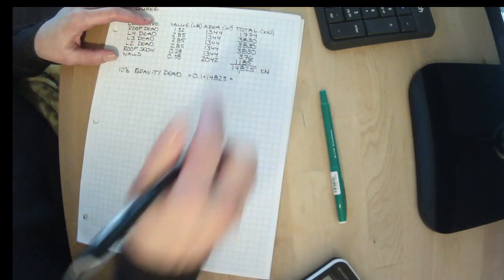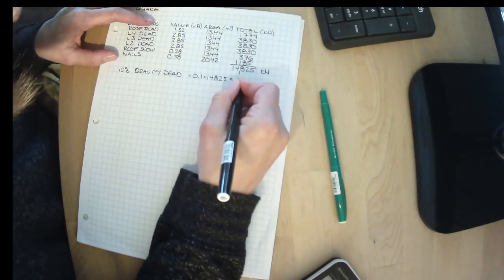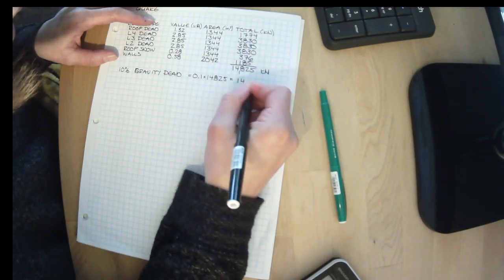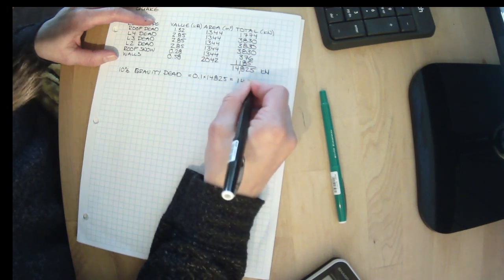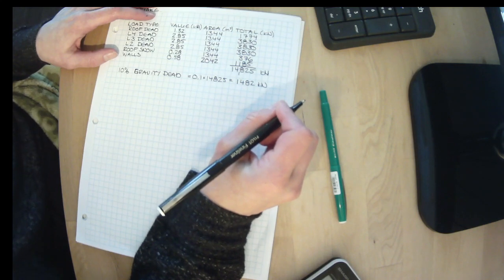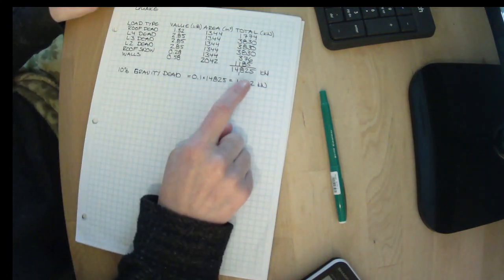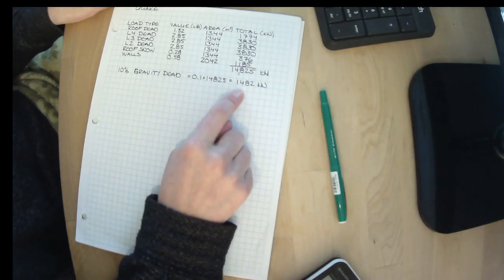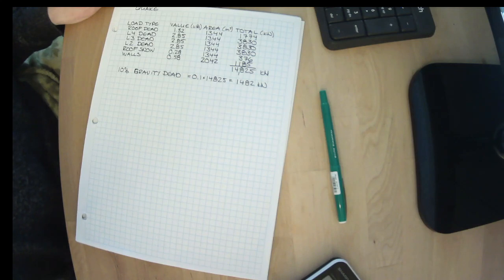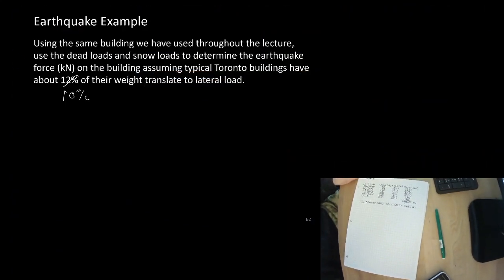Well, that's actually a pretty easy one there, isn't it, Shannon? 1,482 kilonewtons. So our base shear due to seismic is 1,482. We're done with the math.